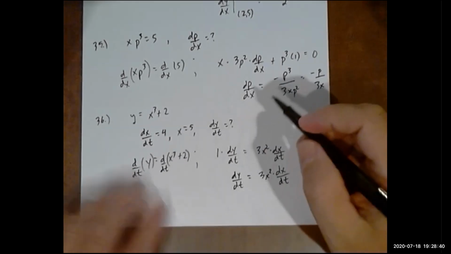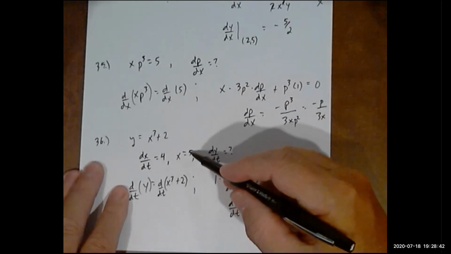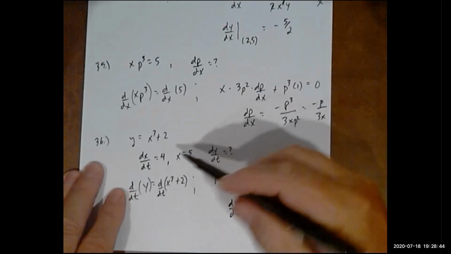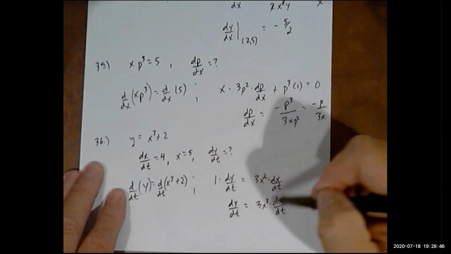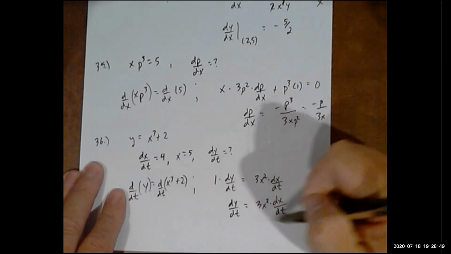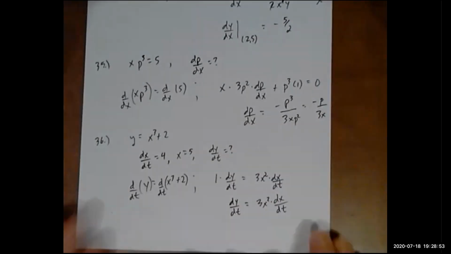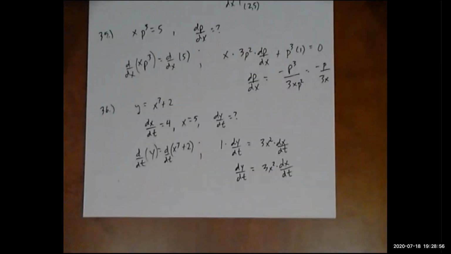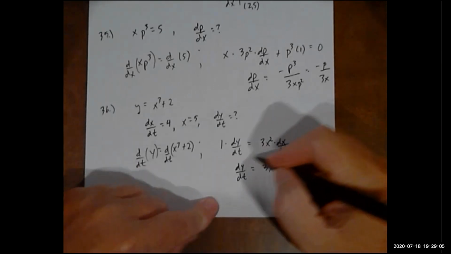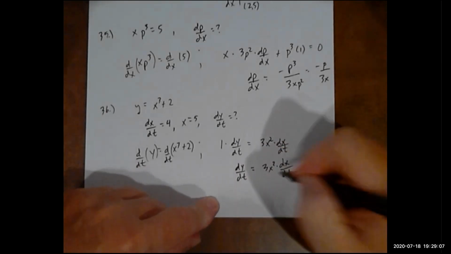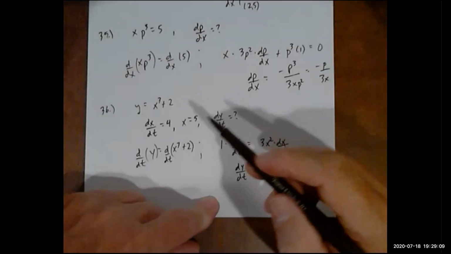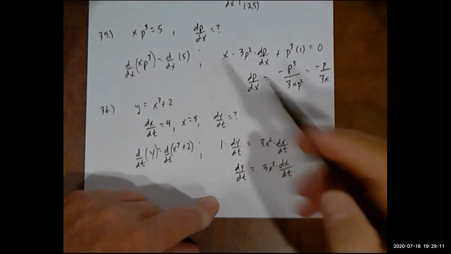Now I know eventually, you notice, they give me a value for x, 5. They give me a value for dx/dt, 4. So I can plug in numbers here and determine dy/dt. But I wonder if they want me to actually give this equation first, like those last problems. So let's go and do the calculation just in case. Here's the equation, and they were looking at a specific situation where x is 5.